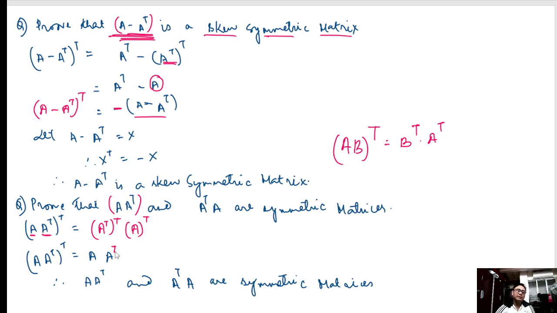So basically we see that we are getting the same thing. If we transpose this matrix, we get the same matrix. That means I can tell this and this will be symmetric matrices. That was the condition for a symmetric matrix: if on transposing a matrix you get the same matrix, it is symmetric.